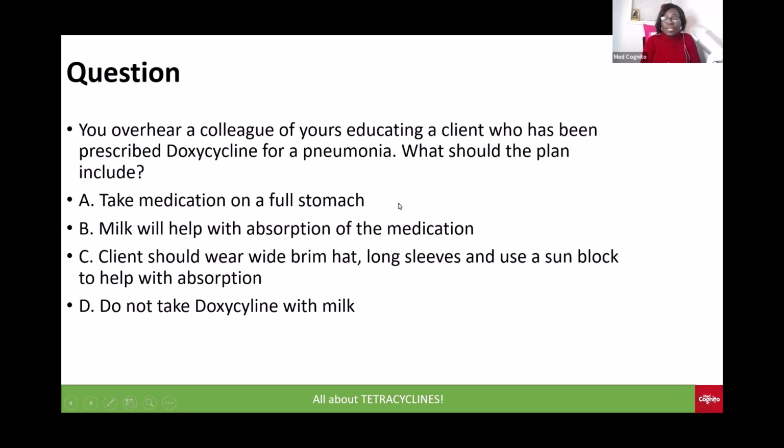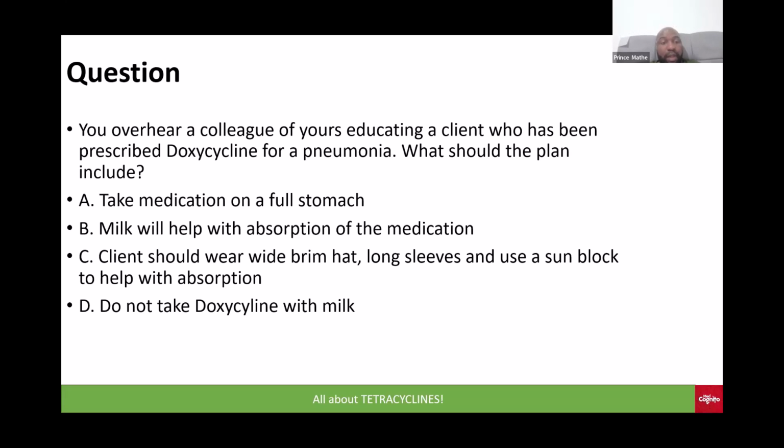So let's take a look at the next question. Who's going to help us with this? You overhear a colleague of yours educating a client who has been prescribed doxycycline for pneumonia. What should the plan include? A, take medication on a full stomach.